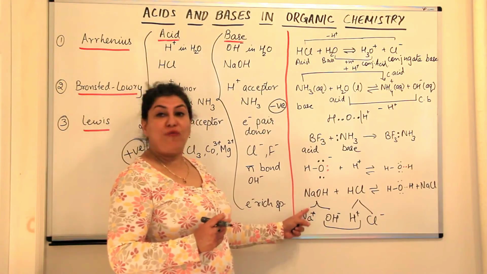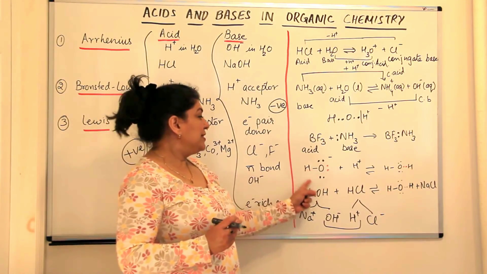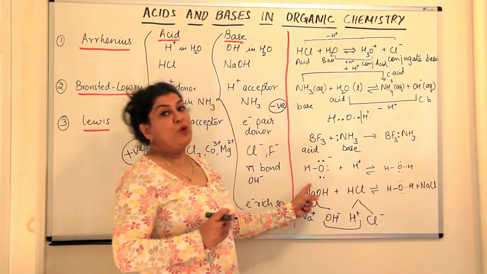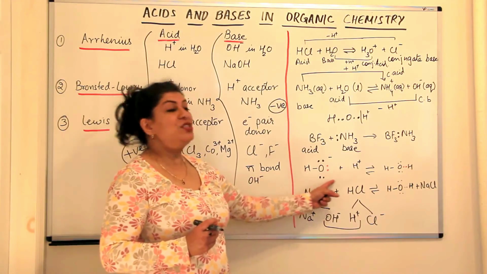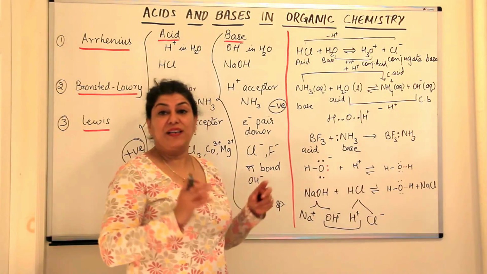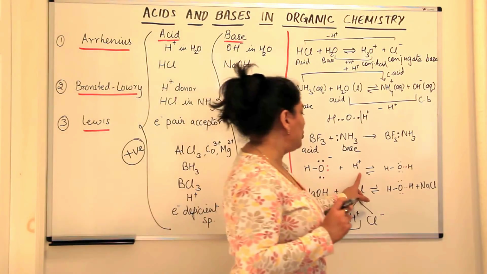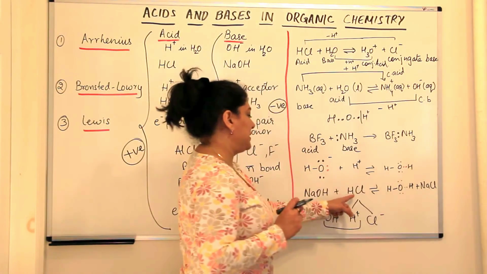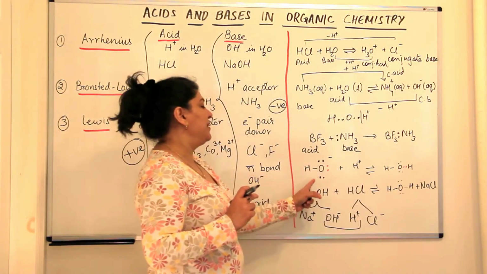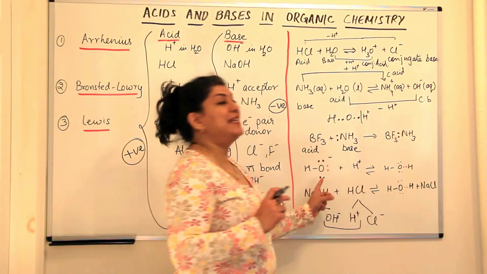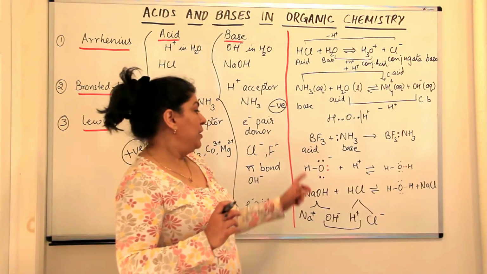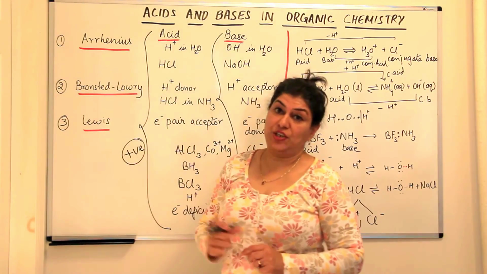The OH negative of NaOH. So the proton acceptor was OH negative, therefore this becomes the base in this final resultant reaction. So H positive, the source of proton would be the acid, that is HCl, and OH negative is the base which accepted the proton. So that was the Lowry-Bronsted definition.